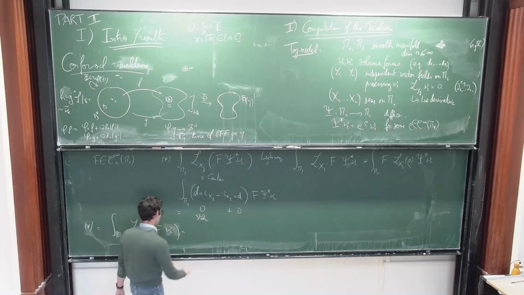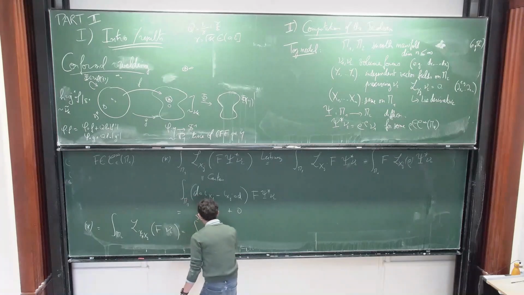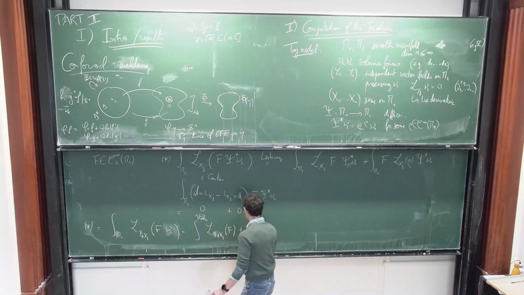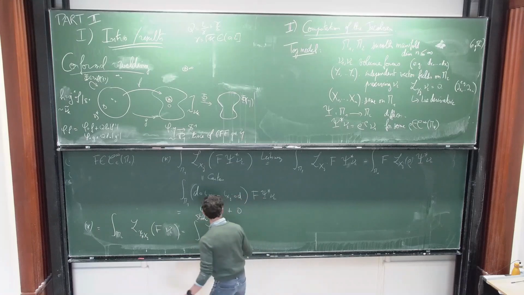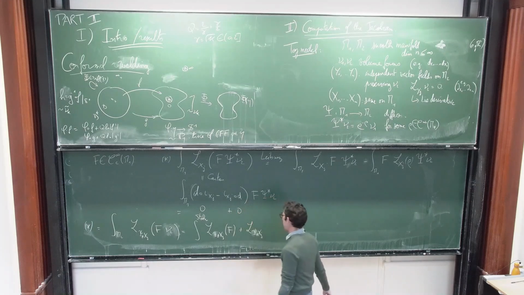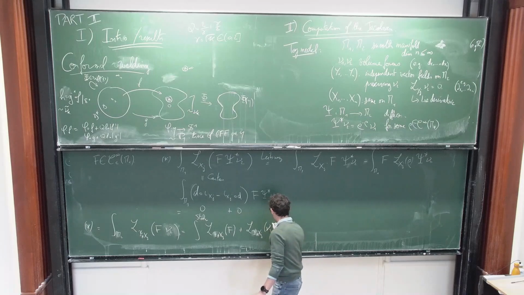Now I use again the Leibniz rule, which tells me that this is the Lie derivative along this vector field of f, plus the Lie derivative of my measure.